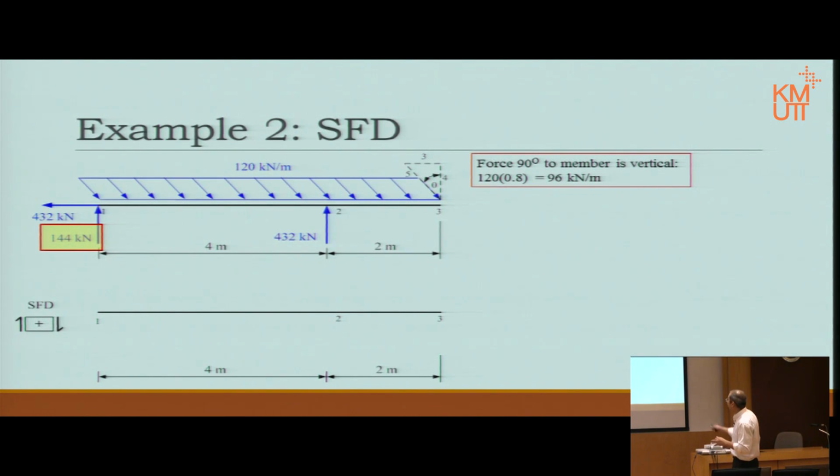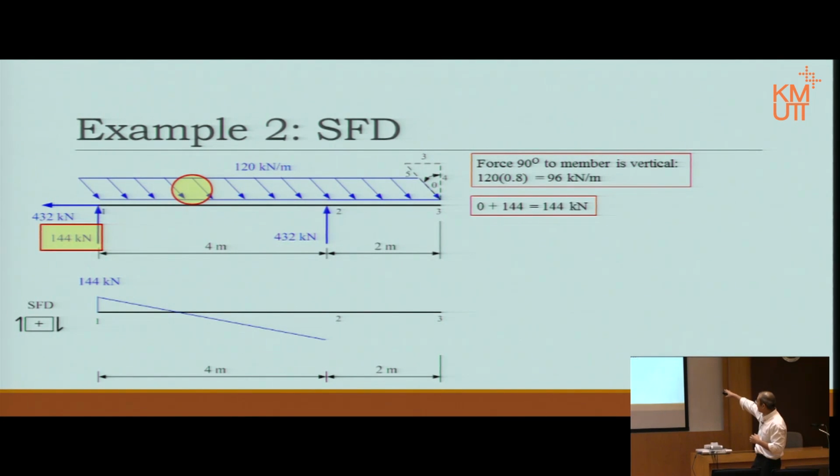Okay, the first one then, when we hit from outside the beam, or 0, the value doesn't exist, no beam exists yet. Then hit point 1, the force we look at is the 90 degree, in this case the vertical one. The 145 from 0, then we add in 144, that one goes up by that. And then, because we already know that it's going down by 96 kilonewton per meter, then for 4 meters, we can calculate the total change.